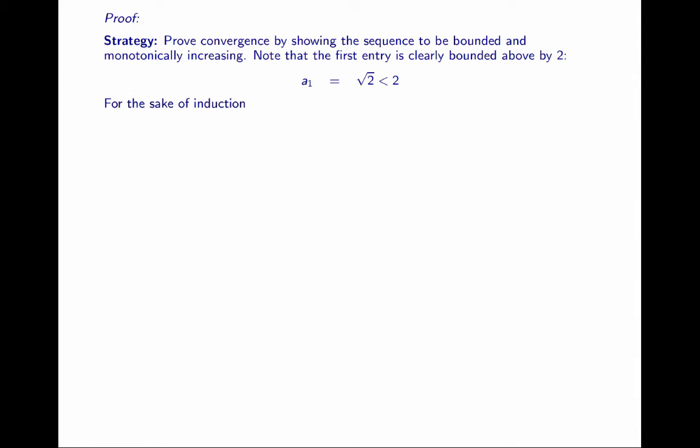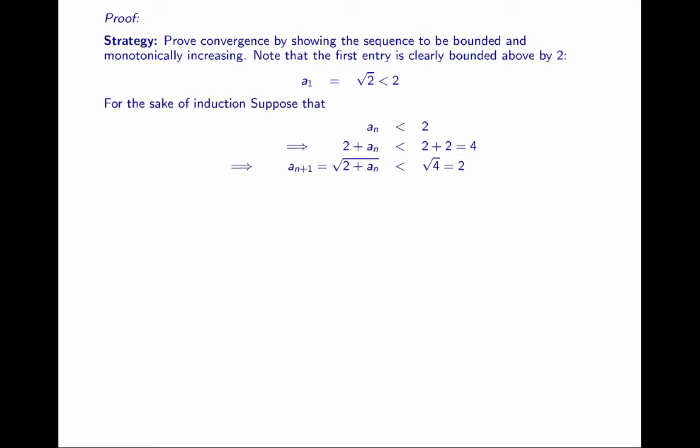Now note that the first entry, the square root of 2, is clearly bounded above by 2. So for the sake of induction, suppose the nth entry is less than 2. We know that's certainly true if n is 1. Well, if it's true for the nth entry, then I can add 2 to both sides, and I get that 2 plus a n is less than 4.